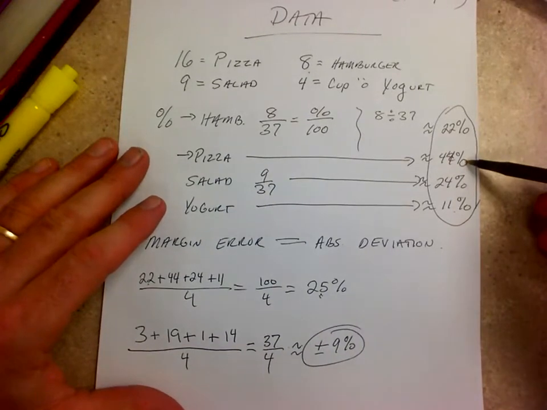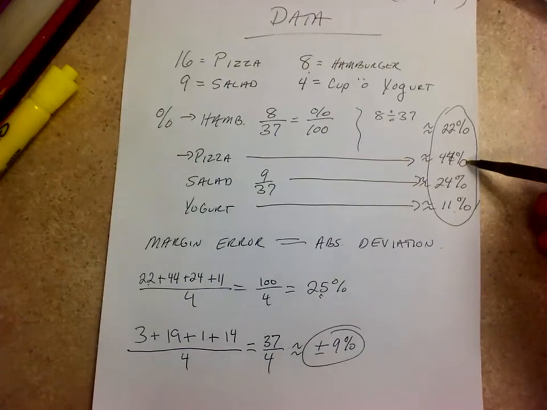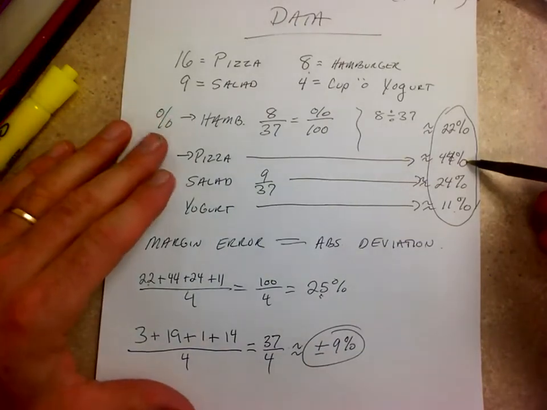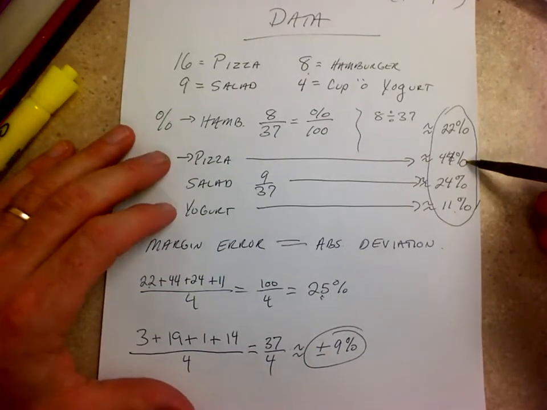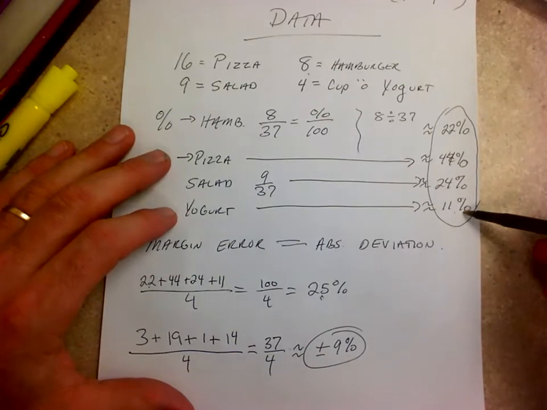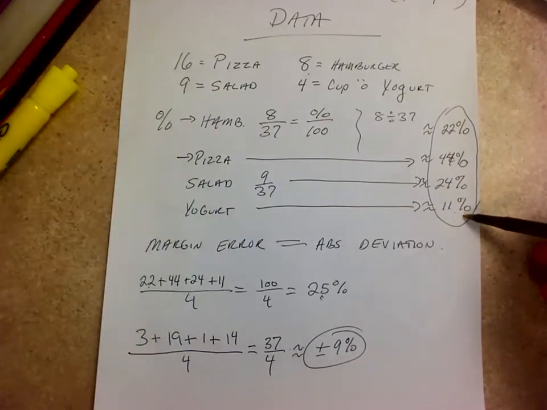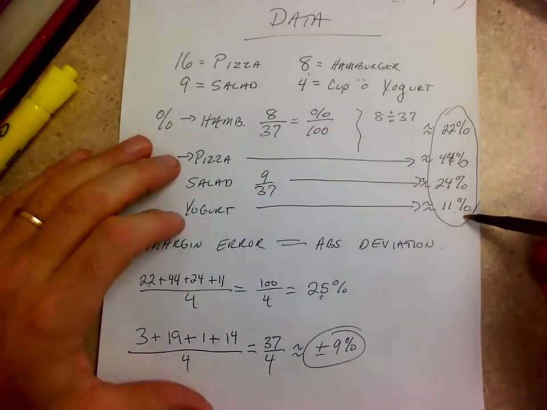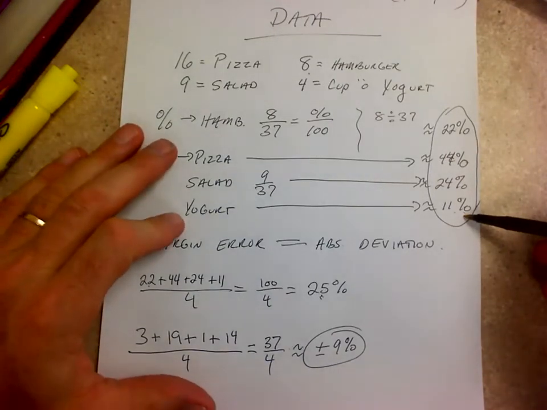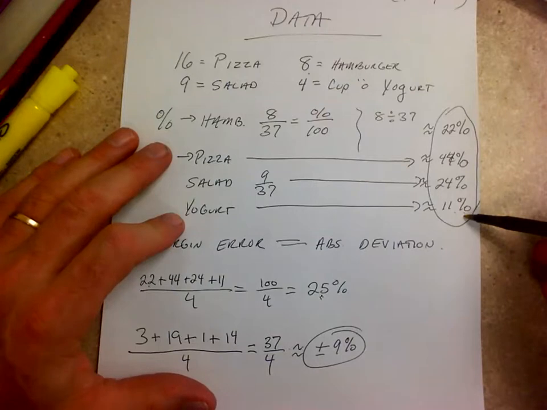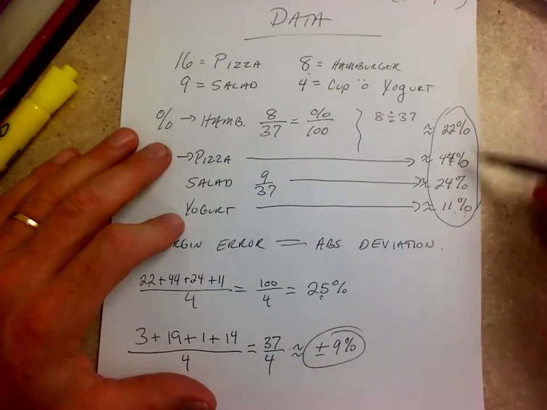So the question is, if we wanted to say, can we truly say pizza was the favorite at 44%? Or actually, maybe let's look at it another way. Yogurt only received 11% of the vote. So is yogurt the least favorite of the choices based on this data?